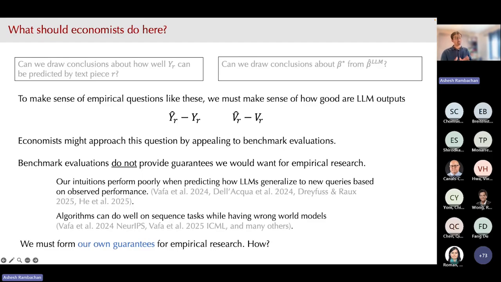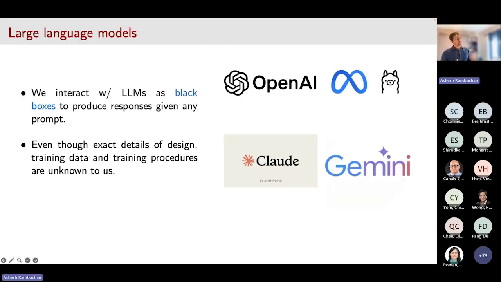So now I'm going to come to an applied econometric framework that has been developed over the last year or so across econometrics, statistics, and data science that addresses exactly this problem. To start, we have to think about how to model large language models in our empirical workflow.